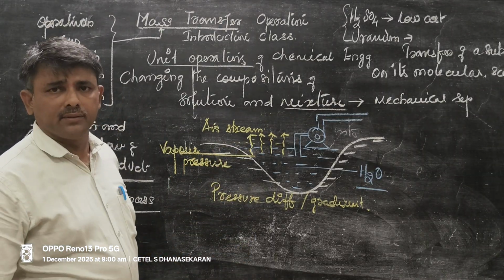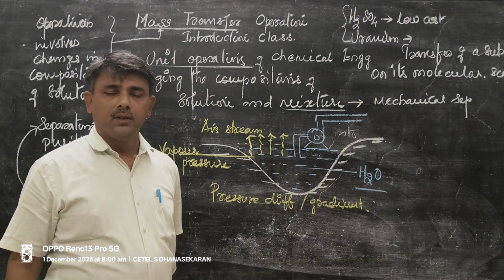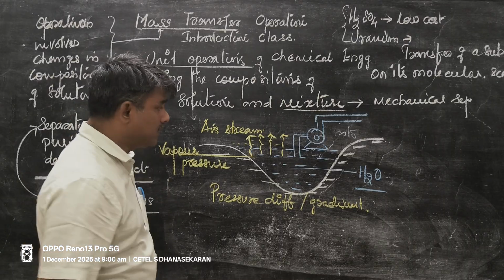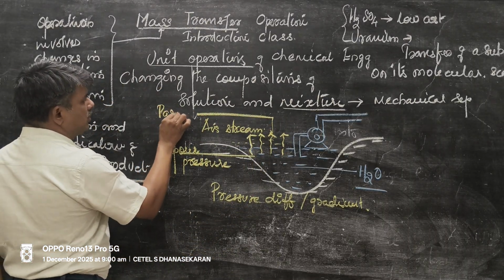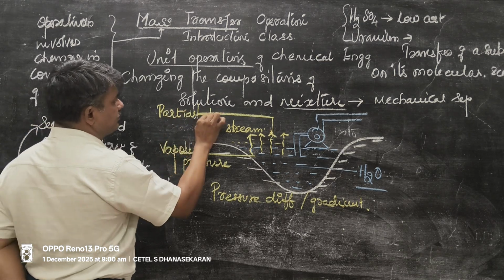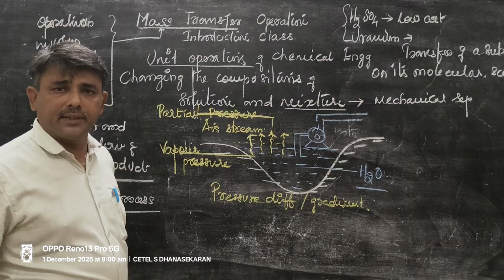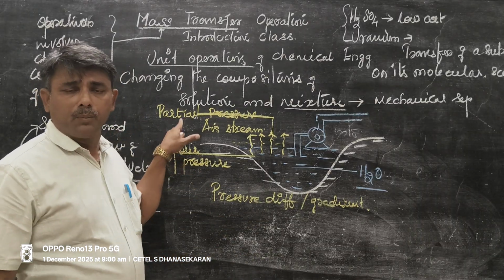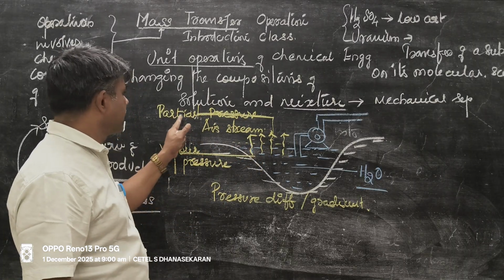The water vapor in the atmosphere exerts a certain pressure against the atmosphere. That pressure is called partial pressure. Pressure exerted by water in its liquid form is called vapor pressure. Pressure exerted by water in its vapor form is called partial pressure.